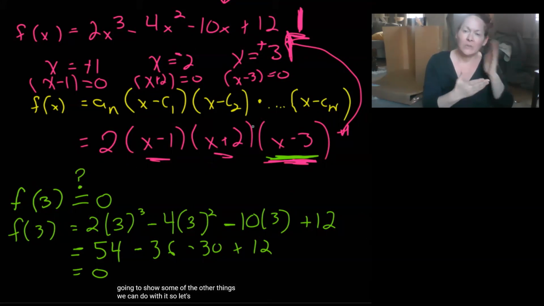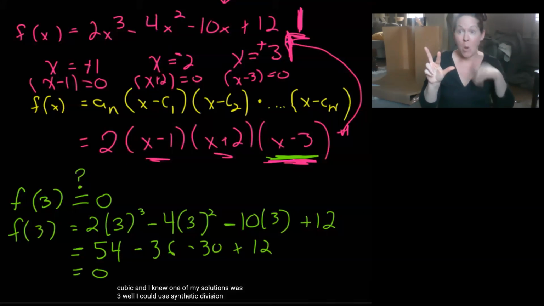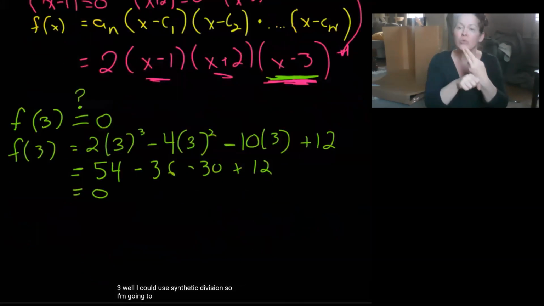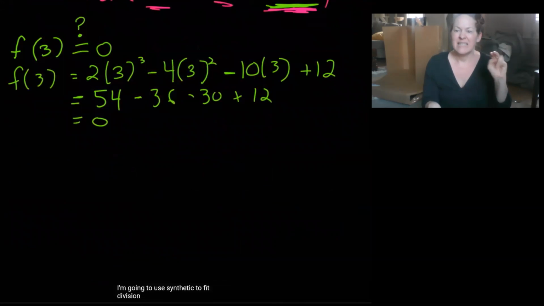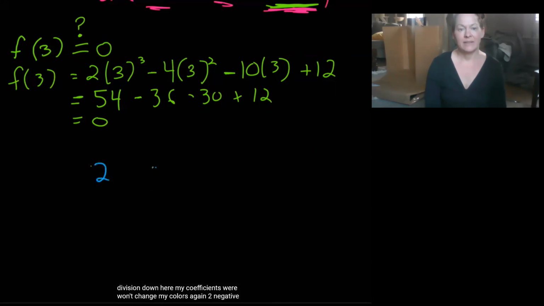So let's say I had a cubic and I knew one of my solutions was 3. Well, I could use synthetic division. So I'm going to use synthetic division down here. My coefficients were 2, negative 4, negative 10, and 12.